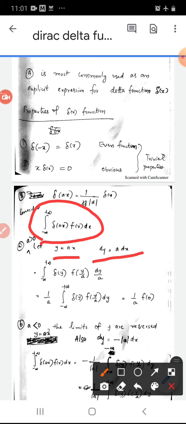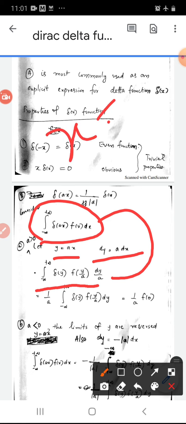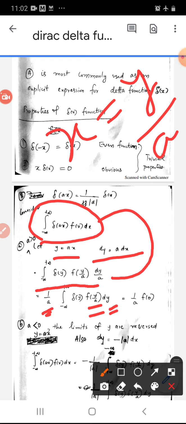So this integral will be transforming into integral minus infinity to plus infinity delta y f of y by a, because x is y by a, times dy. dx is dy by a, so that a comes here.